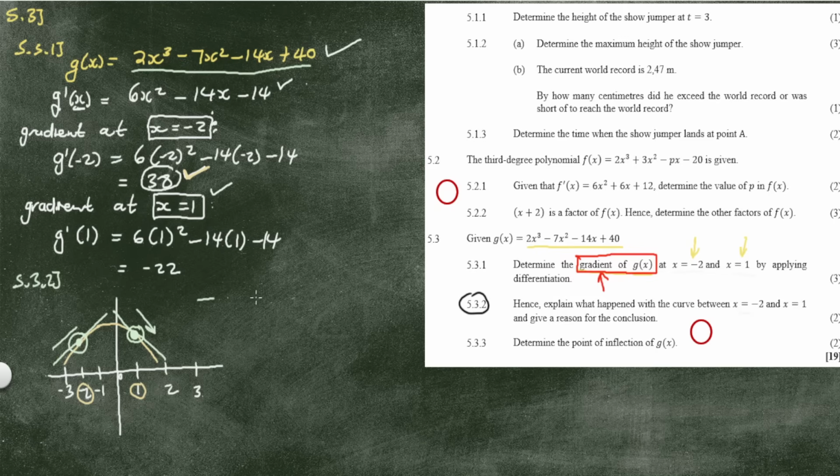5.3.2. The first part of the reasoning would be: the gradient changed from positive to negative.